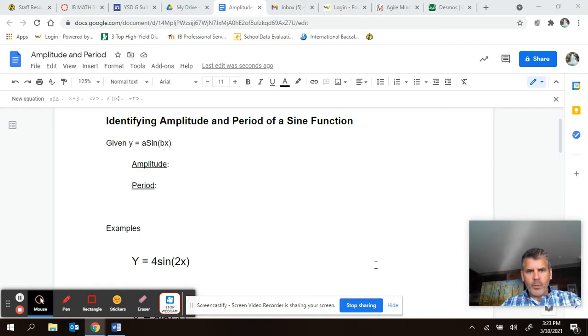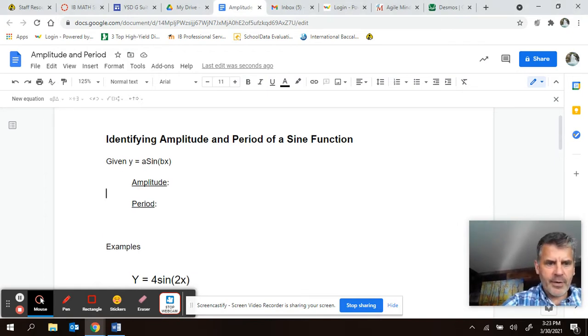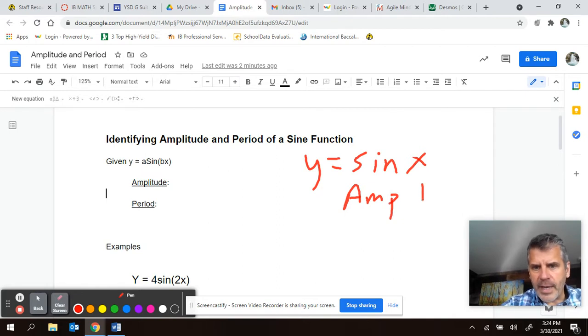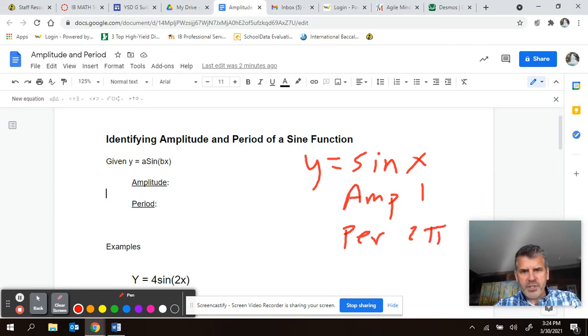Remember, we discussed that the parent function y equals the sine of x had an amplitude of 1 and a period of 2 pi.